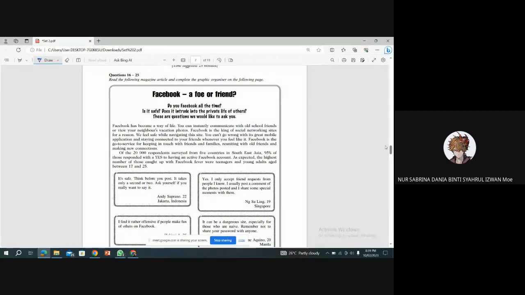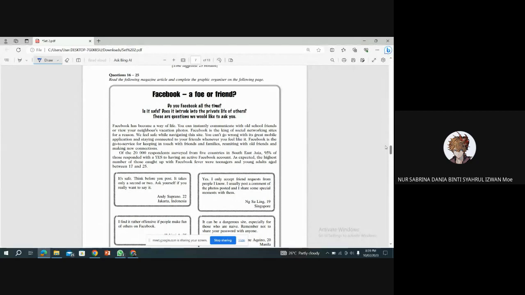Facebook is the king of social networking sites for a reason. You feel safe while navigating the site. You can't go wrong with its great mobile application and staying connected to your friends whenever you feel like it. Facebook is the go-to service for keeping in touch with friends and families, reuniting with old friends, and making new connections.